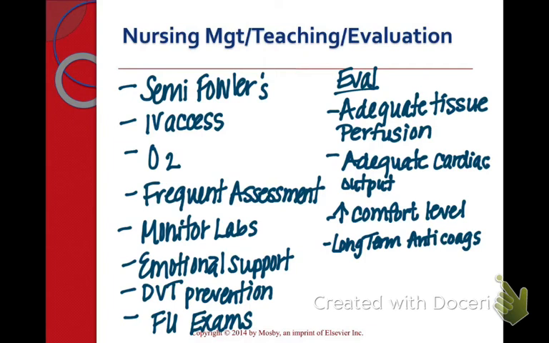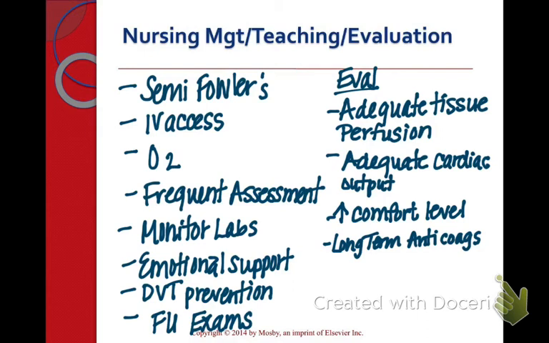So anytime you can help relieve some anxiety, it's just better for the patient overall. DVT prevention, like I said, you're going to have those prophylactic measures in place. And then definitely the importance of follow-up exams.